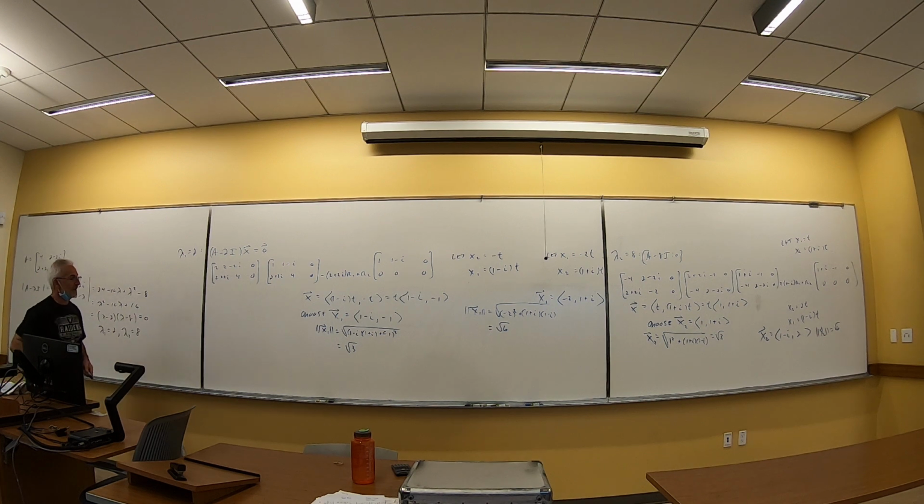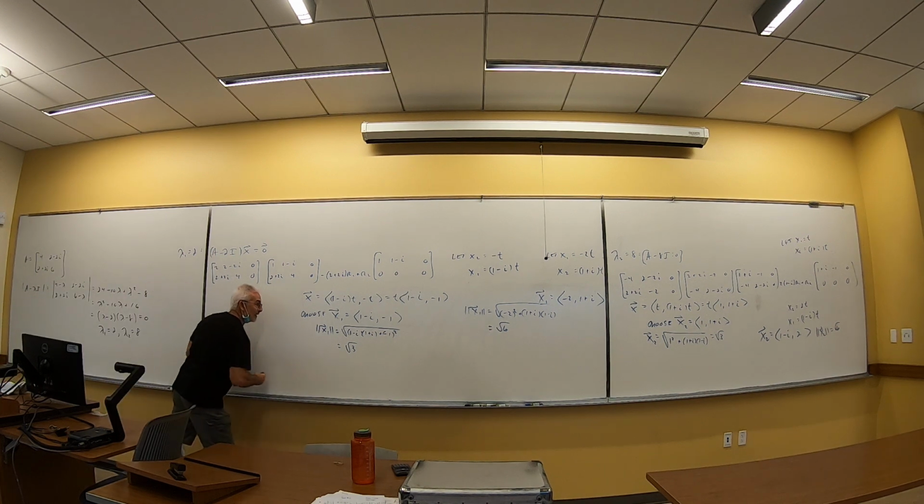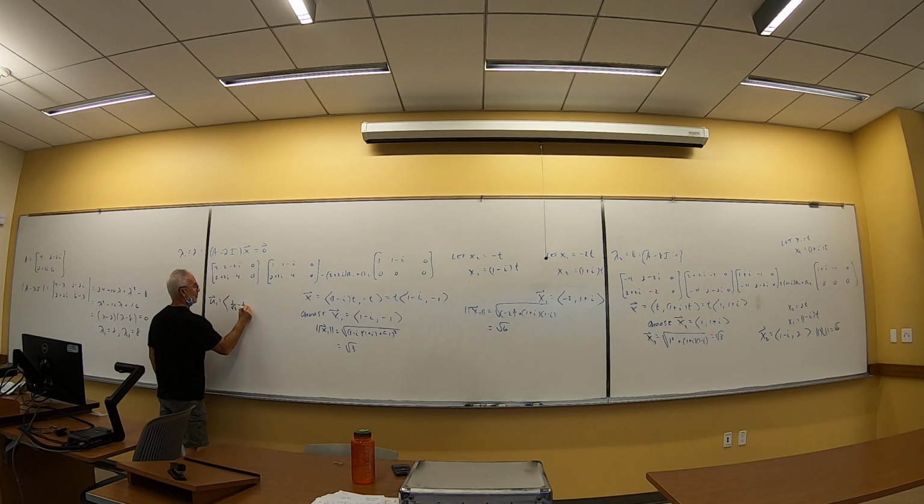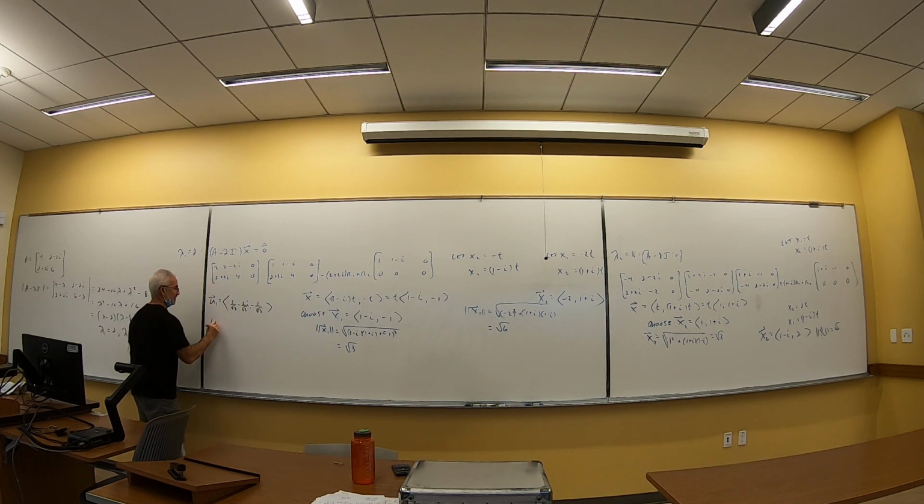let's see. I'll do it over here. I'll put it in black ink. What is my first unit vector going to be then? I'm going to write it this way. 1 over root 3, minus 1 over root 3 i, comma, negative 1 over root 3. What is my second?